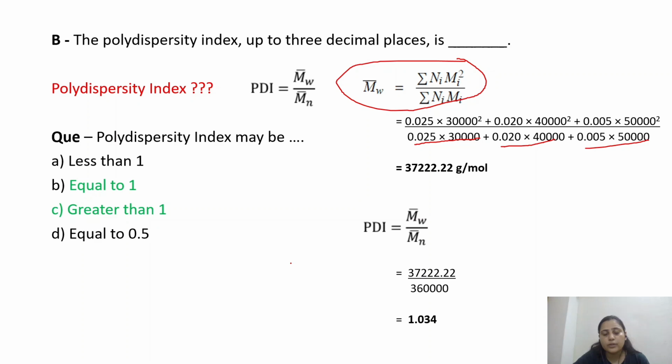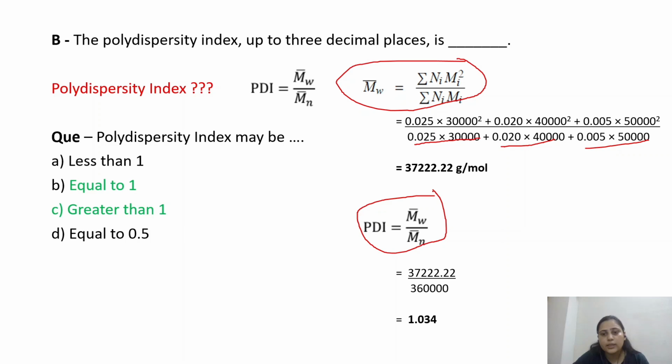We have already calculated Mn in the previous slide, and we have calculated the MW value. So we just need to divide MW by Mn, and we get 1.034 as our PDI, which is the polydispersity index value.